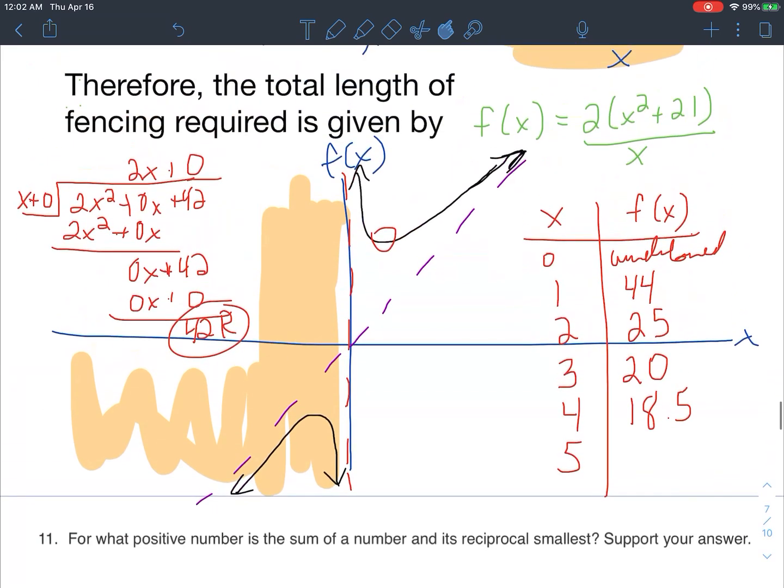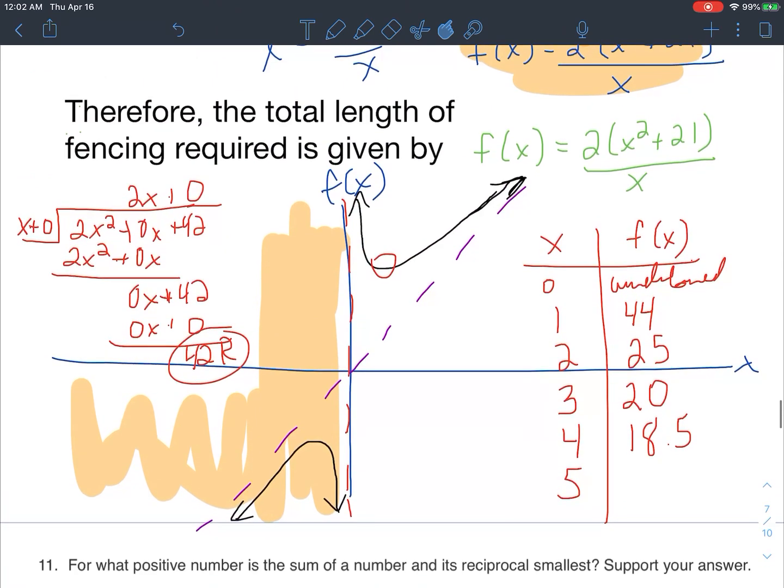At 5, what do we got? 25 and 21 is 46 times 2 divided by 5. So 46, I really should have been more prepared for this. 92 divided by 5. Oh, looks like the calculator's coming out now. 92 divided by 5, 18.4. Oh, we're getting close. It's still lower.